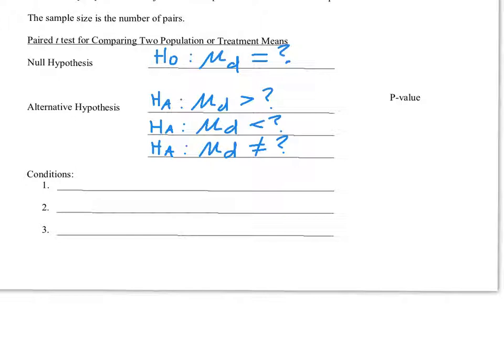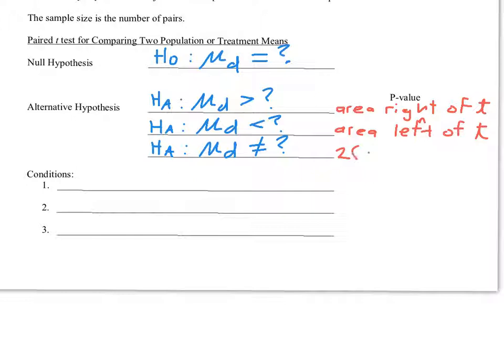Okay, like in the last section, the p-value is either going to be the area right of t or the area left of t, or for a two-tailed test it is double, and then you have your choice.